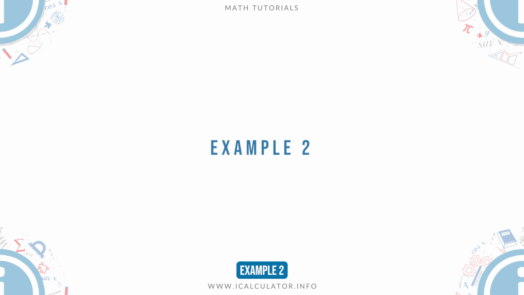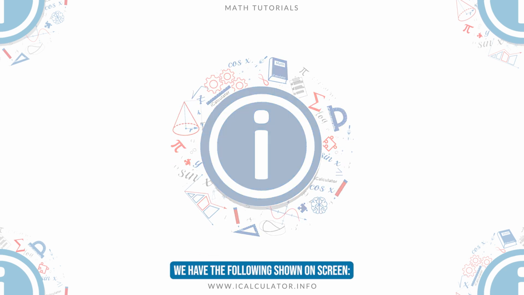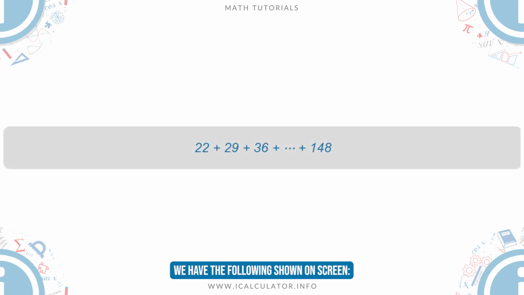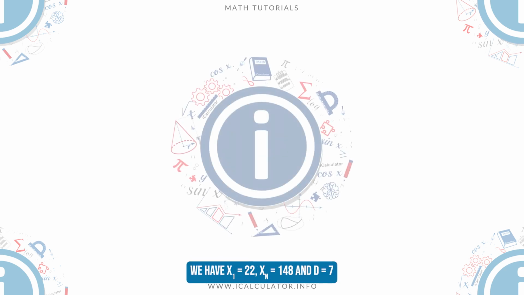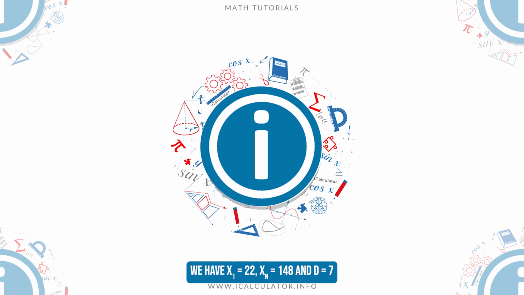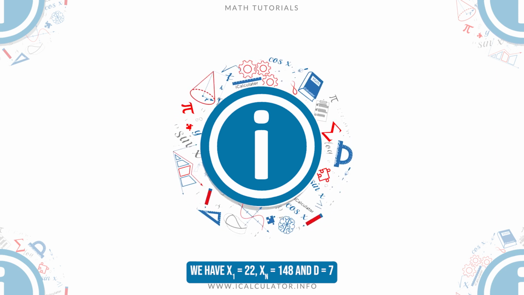Example 2. Calculate the following sum, we have the following shown on screen. Solution 2. We have x1 is equal to 22, xn equals 148 and d equals 7.